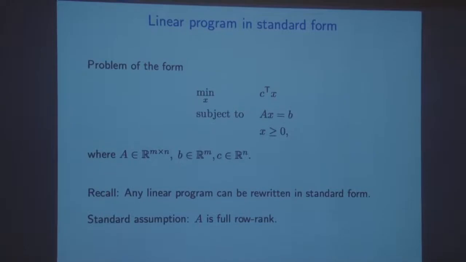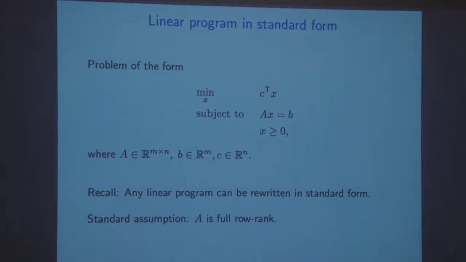We have a set of equality constraints that are linear, and then the variables are non-negative. Okay, and recall something that we mentioned a few weeks ago. In principle, any linear programming problem can be rewritten in that form. So you can replace your constraints, massage your constraints. You can always write it in this so-called standard form.